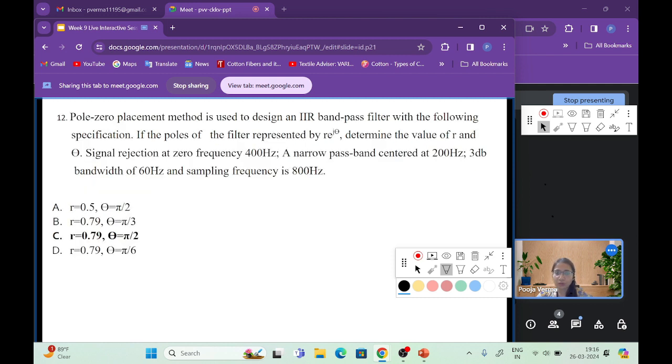Okay, now moving to the next question. The pole zero placement method is used to design an IIR band pass filter with the following specification: signal rejection at zero frequency and 400 Hz, a narrow passband centered at 200 Hz, a 3 dB bandwidth of 60 Hz, and sampling frequency of 800 Hz.